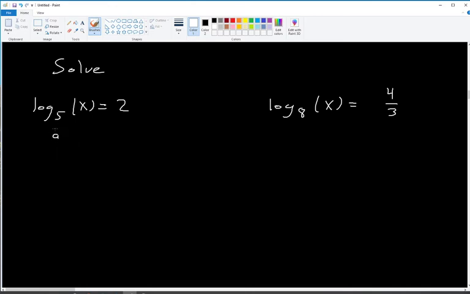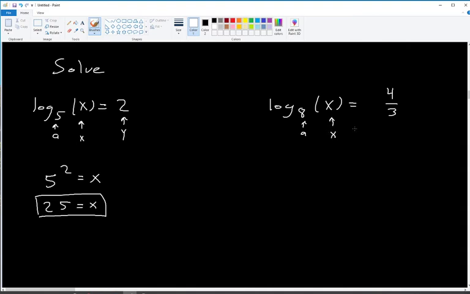The base is acting as a, x is acting as itself, and y is the part to the right of the equals. So we get a to the y equals x, and this is 25 equals x. Not too bad. Here a is 8, x is x, and y is the part by itself.